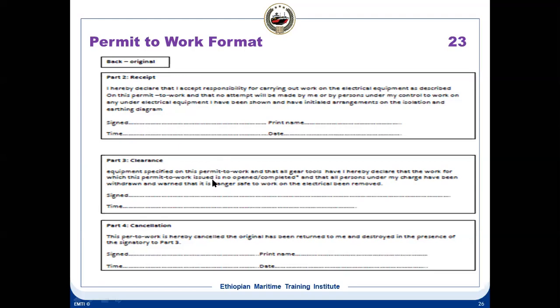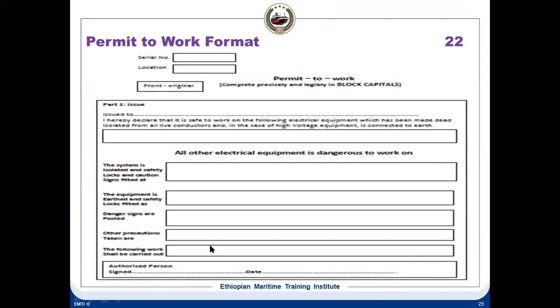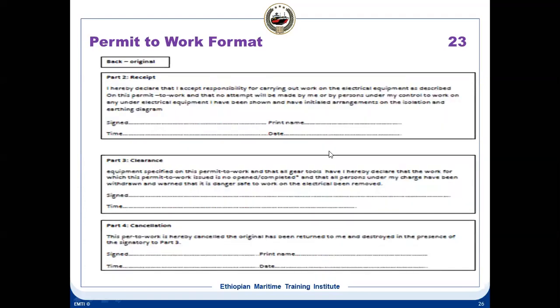Clearance means that all the equipment specified in this permit to work and all the gear and tools are clear, and I hereby declare that the work for which this permit was issued is completed. And cancellation is by the authorized person. He signs here and cancels it. The competent person signs here meaning he has completed the job. This is also normally ended here and signed by the authorized person. So this is a permit to work format.